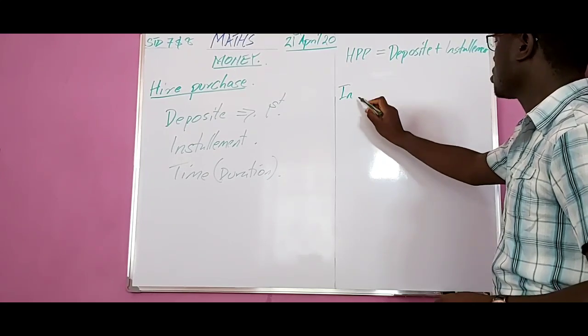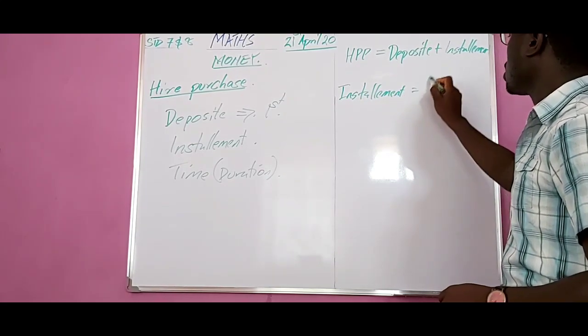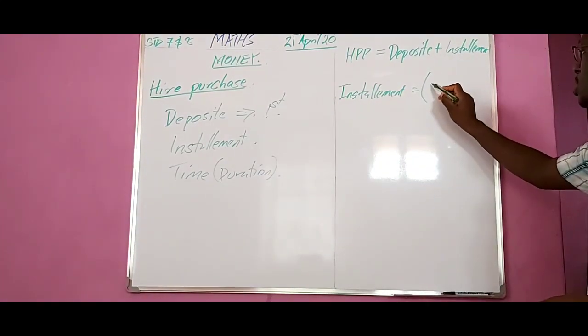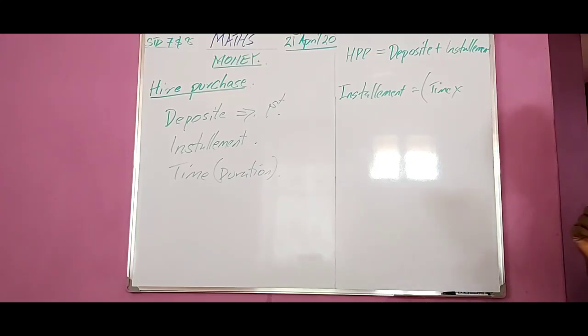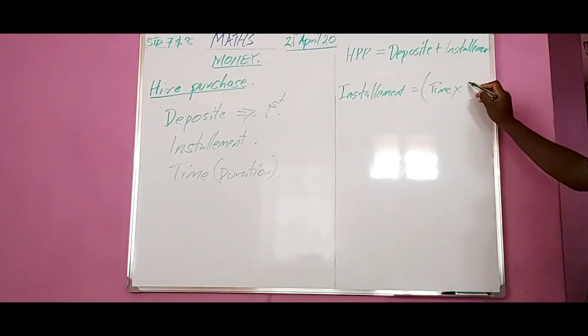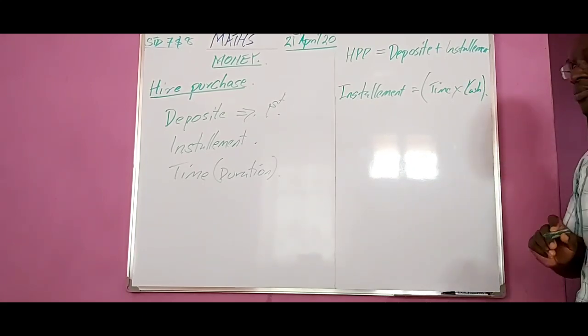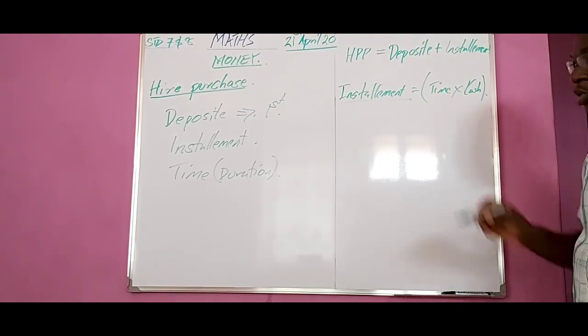Installment is equal to the total time times the amount of money that you're going to pay each installment. That is cash paid each installment. That is the total installment amount.